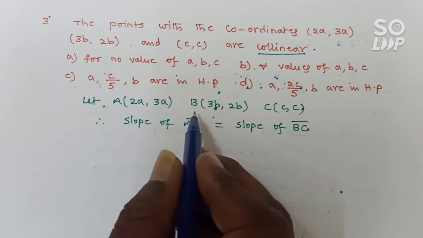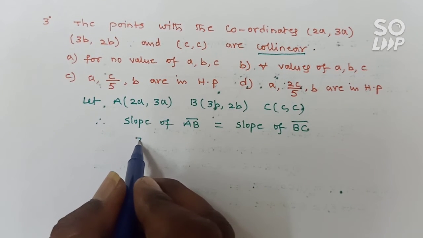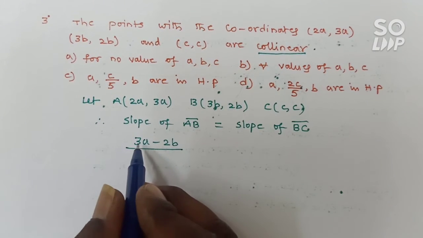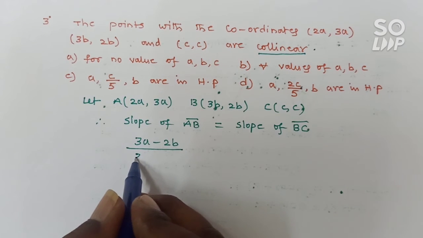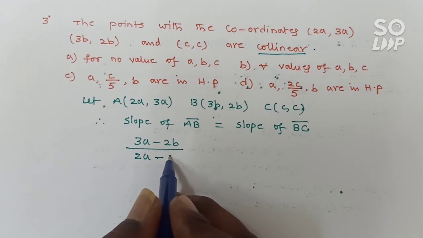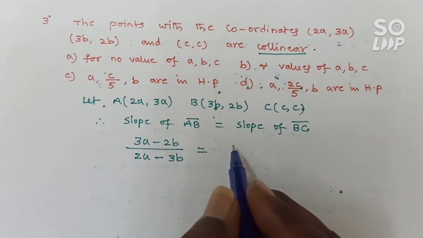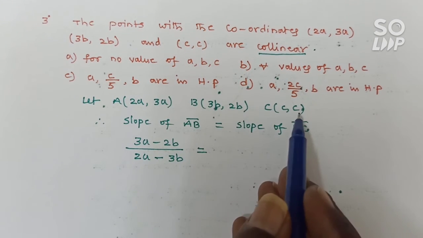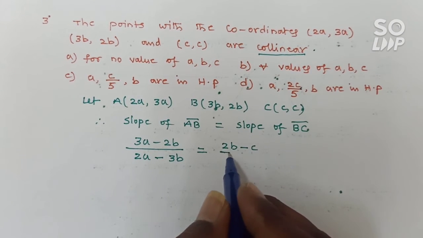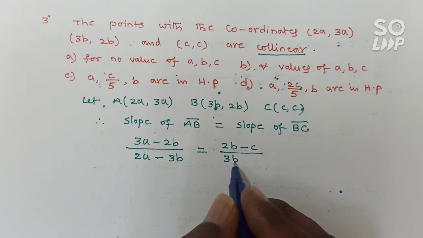So here slope of AB is y1 minus y2, that is 3a minus 2b, whole divided by x1 minus x2, that is 2a minus 3b, is equal to slope of BC, that is y1 minus y2, 2b minus c, whole divided by x1 minus x2, 3b minus c.